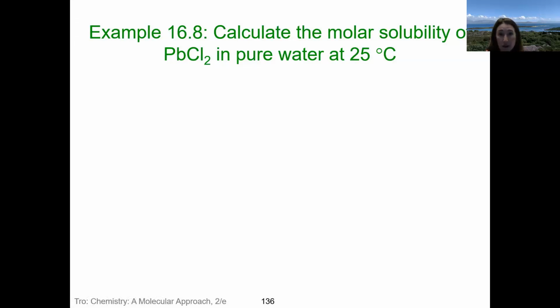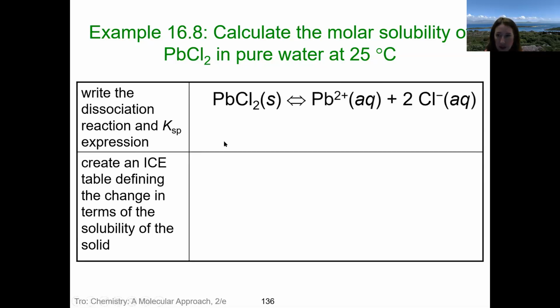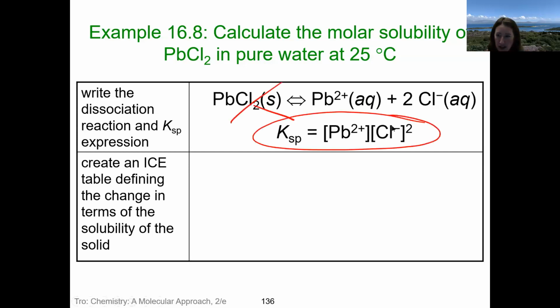Okay, so we've got to write the dissociation reaction because from the dissociation reaction, that's where we get the equilibrium expression. So here's our dissociation reaction. And I'm going to go through these ICE tables pretty fast because we should be very good at ICE tables at this point. Here's our expression for Ksp.